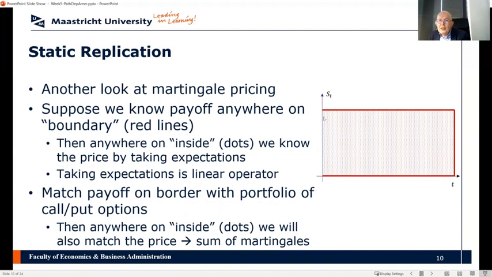And then suppose that I have a certain type of exotic option where I know the payoff along any of these red lines. And this is very similar to kind of knowing these boundary conditions for the implicit finite difference method. And typically for a European option, you are only using this final payoff at the end, and this top red line is basically pushed up to plus infinity.